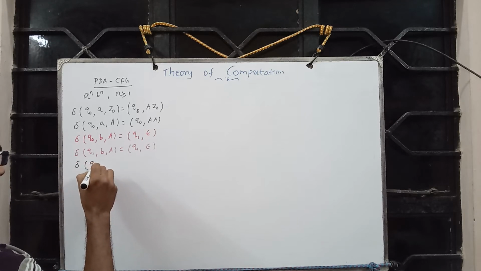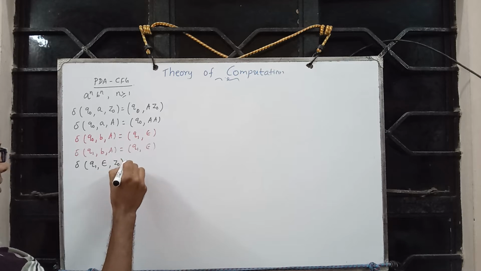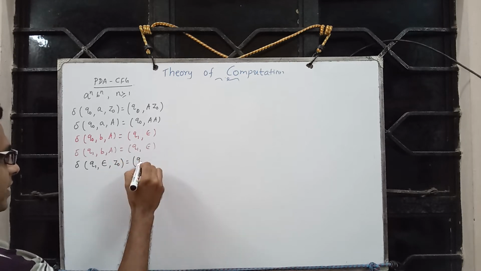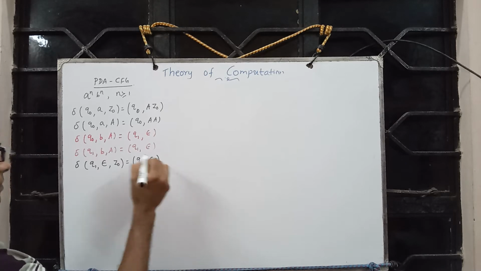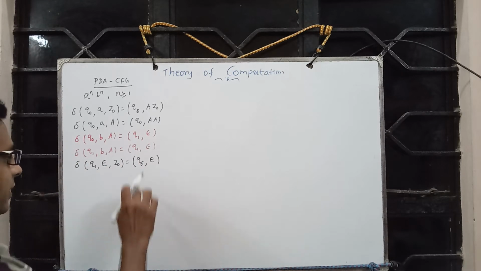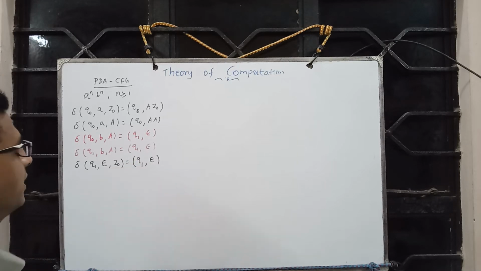Now delta of q1 comma epsilon, Z0, we say we reach some final state, qf comma epsilon. Or we can stay at q1 and say q1 comma epsilon. So we will stay at q1 with q1 comma epsilon.